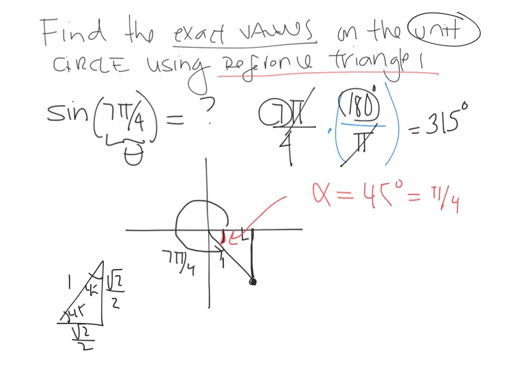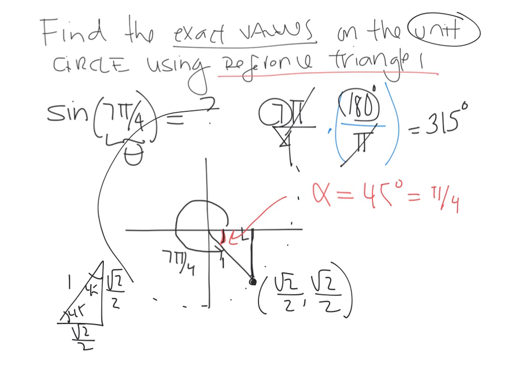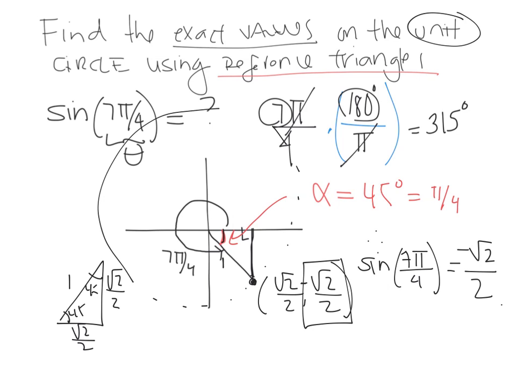So the point that corresponds, again, this is on the unit circle, is radical 2 over 2 comma radical 2 over 2, but we know this is negative because our y coordinate is negative. So therefore the sine of 7 pi over 4 is equal to, well, that's the y coordinate, so that's negative radical 2 over 2.